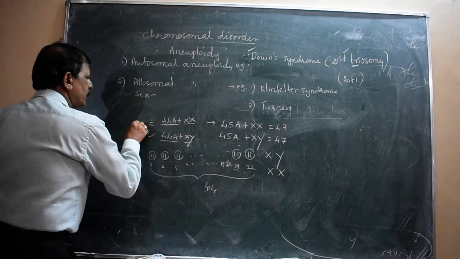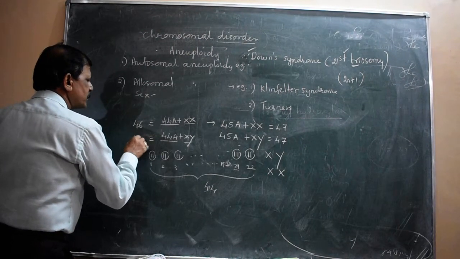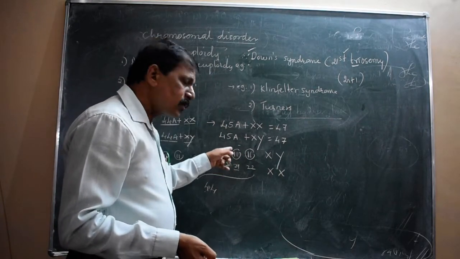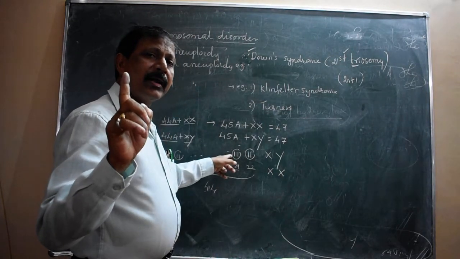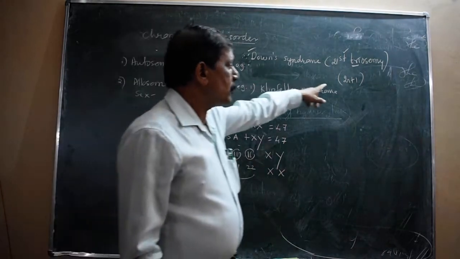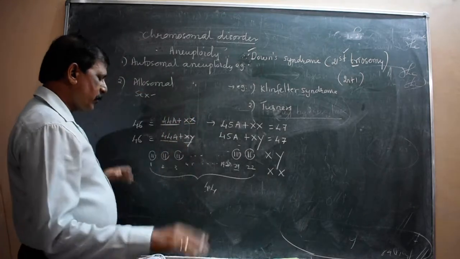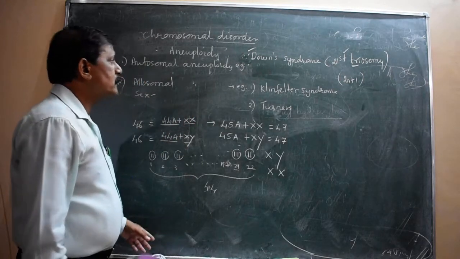Here it is 46 and here it is also 46, so one chromosome is extra. Where is the extra chromosome? The 21st chromosome pair contains one extra chromosome. That is why it is 2n+1. Hence it is called the 21st trisomy, and it was first discovered by Down, and that is why it is called Down syndrome.